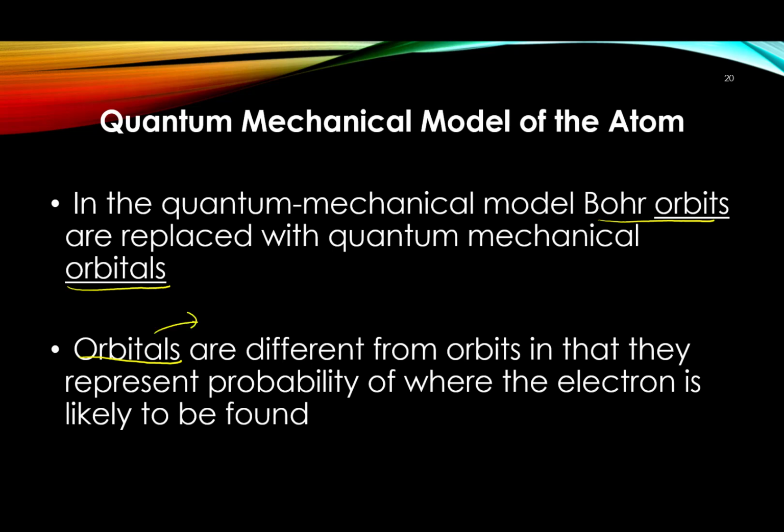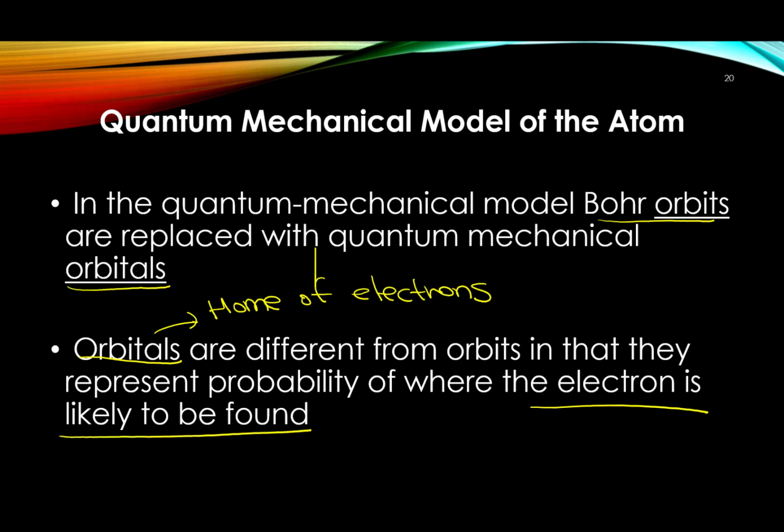Orbitals are the home of electrons. You have the highest probability of finding an electron at a time in an orbital. That's where you have the highest probability of finding electrons, in their orbitals. Orbitals are the home of electrons.